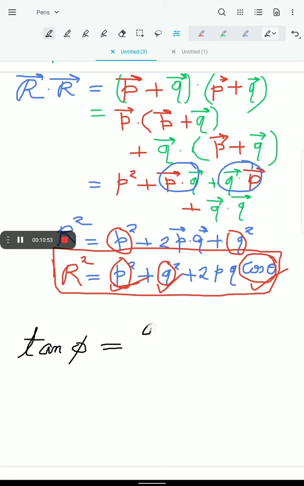Perpendicular, we have observed it to be Q sine theta, and base we have observed it to be P plus Q cos theta.